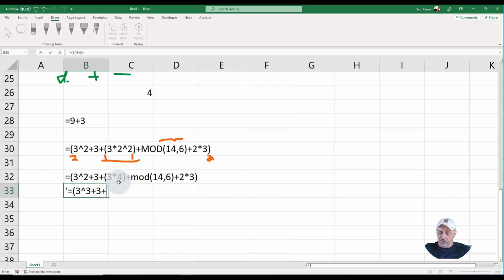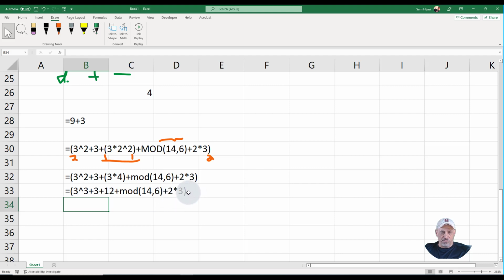It's just going to be 12. That will allow me to eliminate the inner parentheses completely. So I'm left with 14, 6, and plus 3 multiplied by 2 multiplied by 3, sorry. And here we go. Still we have to continue.